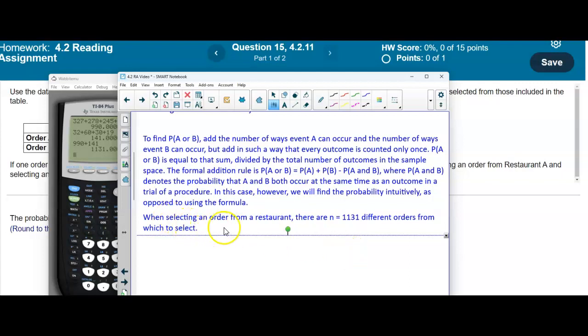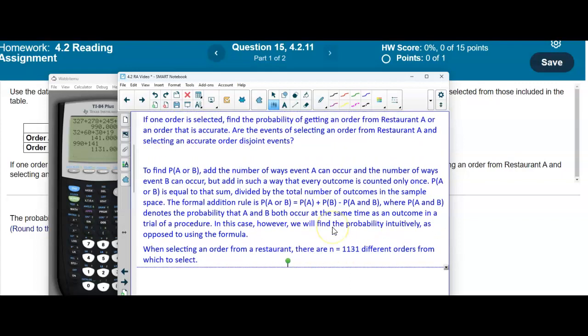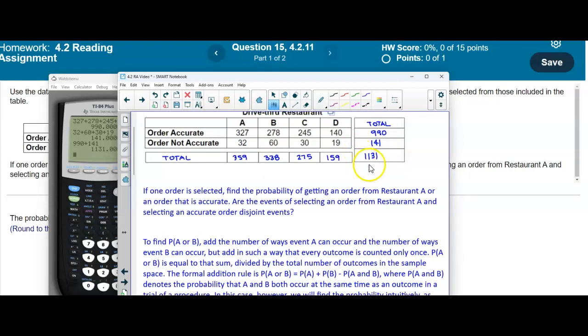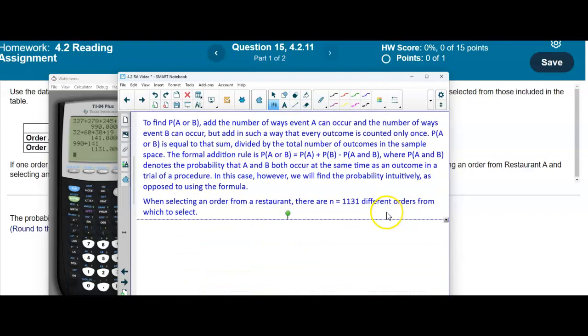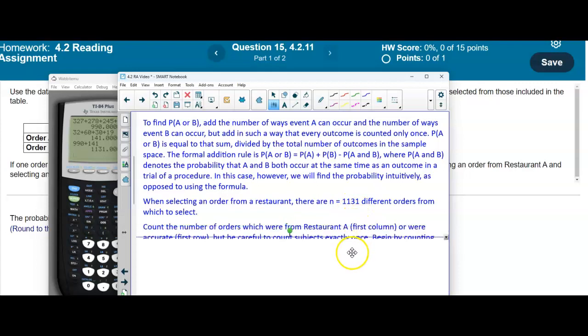When selecting an order from a restaurant, we need to find the total number of different orders from which to select. If we come back up here, we found the total was 1,131, so n is going to equal 1,131.